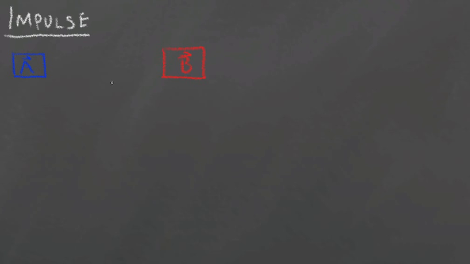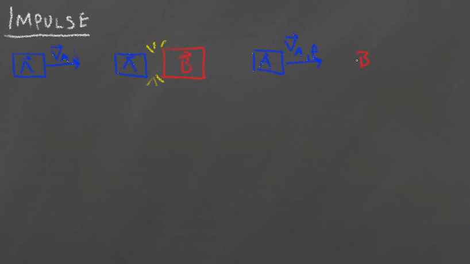We saw last time, if we start with a particle A moving at initial velocity VA initial, at some later time it's going to collide with another particle B. Then afterwards, A is going to be moving with some velocity VA final.